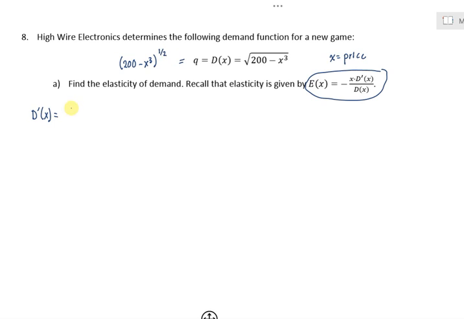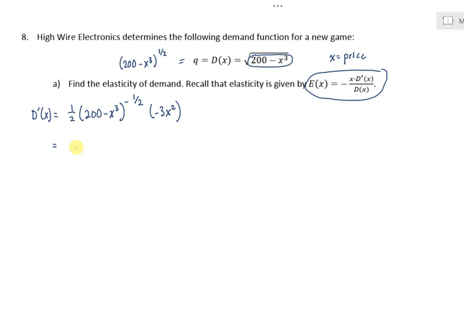Okay, so we have 1/2 times 200 minus x cubed to the negative 1/2. Then we need to use the chain rule, because notice in here we don't have x, we have 200 minus x cubed. So we need to multiply by its derivative, so that is negative 3x squared. I'm going to go ahead and simplify this because it's going to make the elasticity function much easier to work with.